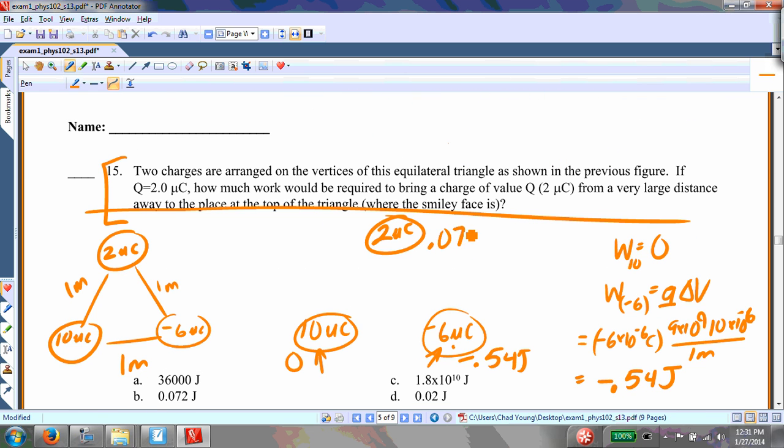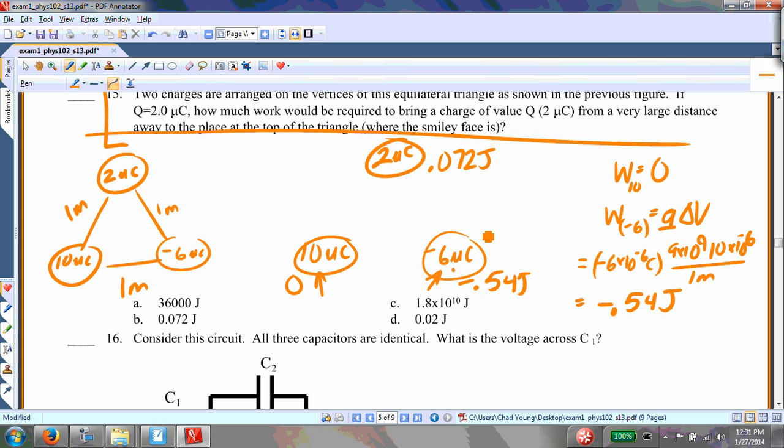So my total energy that's contained within this whole collection of charges is going to equal negative 0.54 plus 0 plus 0.072. And that's equal to negative 0.498. We'll just call it negative 0.5 joules. And so that's the total potential energy.